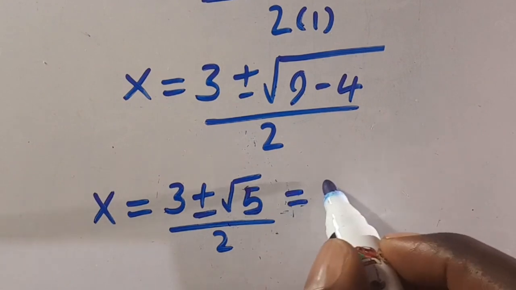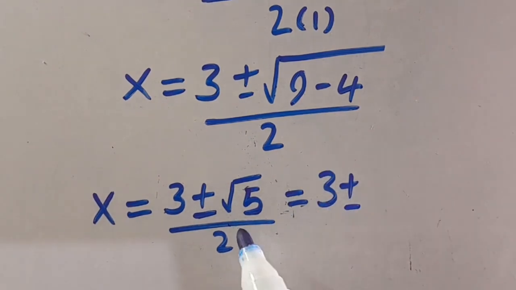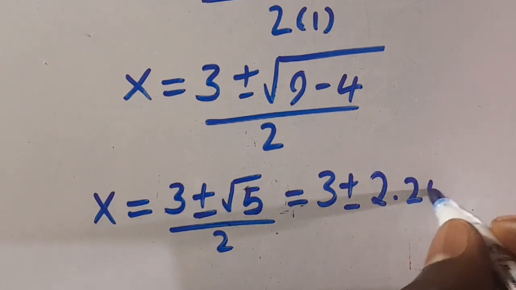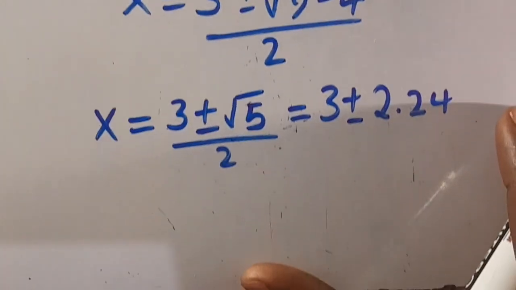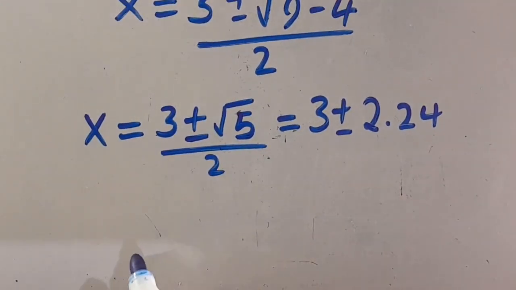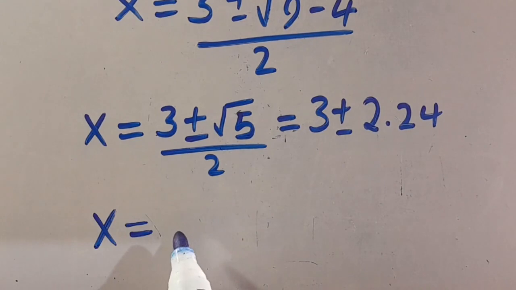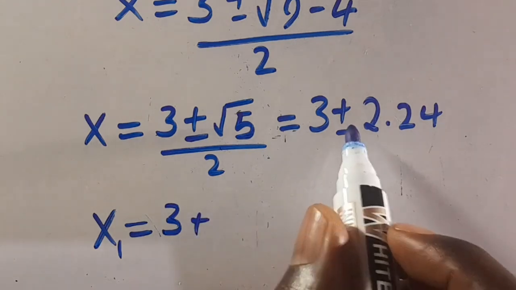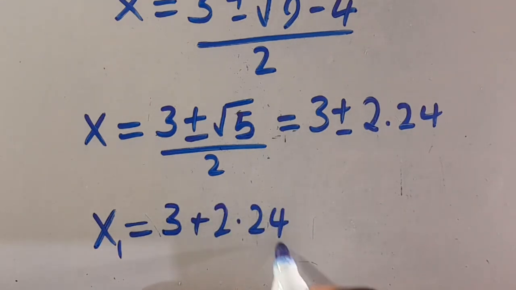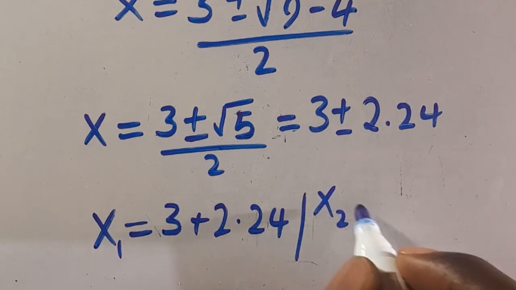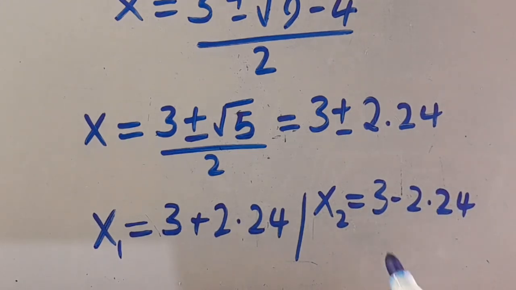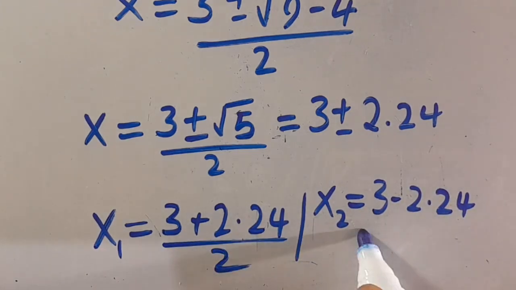And we can have this as 3, positive or negative. When you press root 5, we are going to have it to be 2.24. So from here, we can have x, let's say x1, equals 3 plus 2.24, or x2 equals 3 minus 2.24, all divided by 2.